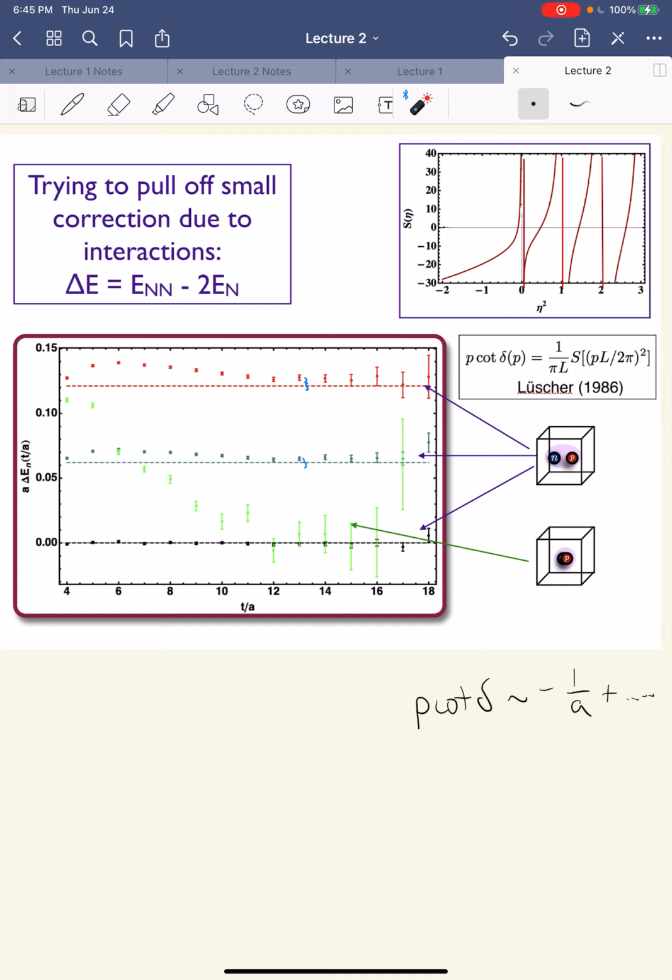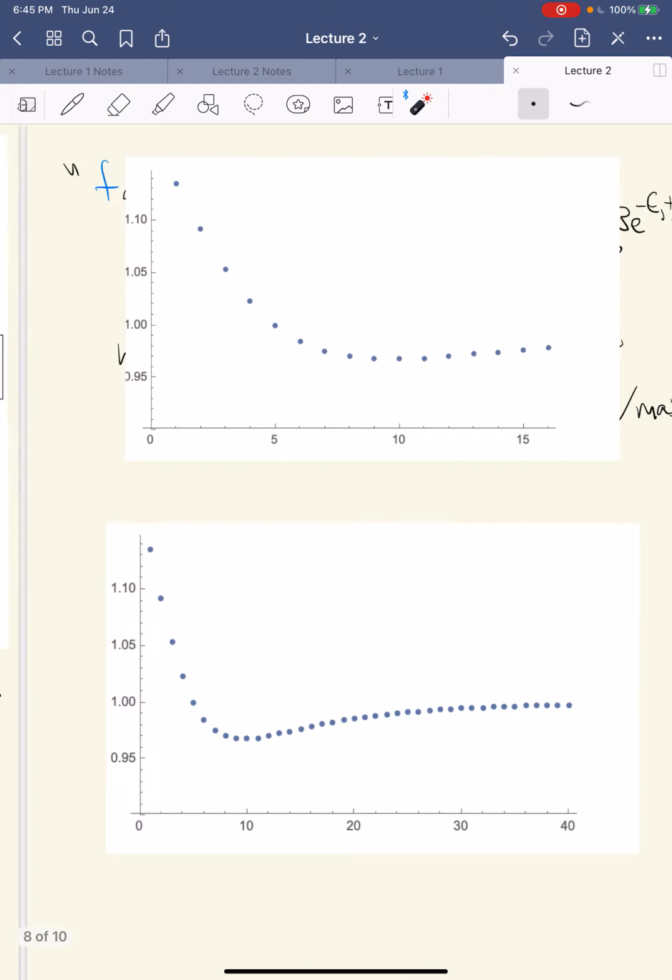what I've shown here is actually the effective mass for delta E. So it's the effective mass for the 2-nucleon energy minus twice the single nucleon energy. And this is necessary for actually seeing a signal because these correlated differences between the energies is the only thing that allows us to see something different from non-interacting.